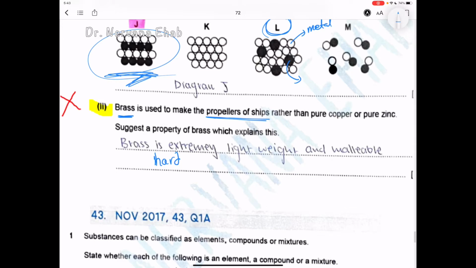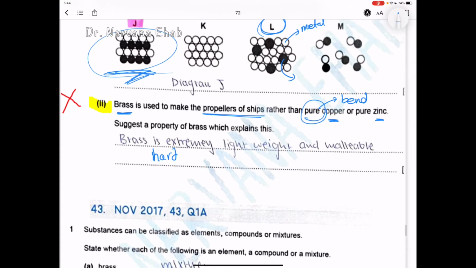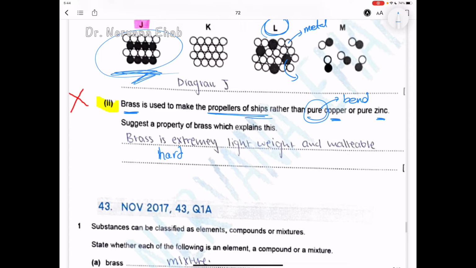So if they used propellers made of pure copper or pure zinc, what's going to happen is that pure metals are softer than alloys, so it's going to bend easily, and so that's going to be a problem. I mean, if your propellers bend easily, that's going to be a big problem. So you want it to be hard, and that's why we use alloys to make things like propellers of ships or make bridges, or a lot of things are made of alloys because of this property that it's harder than the pure metal.